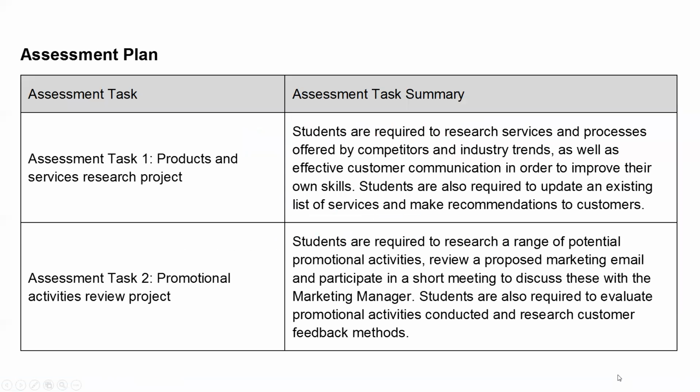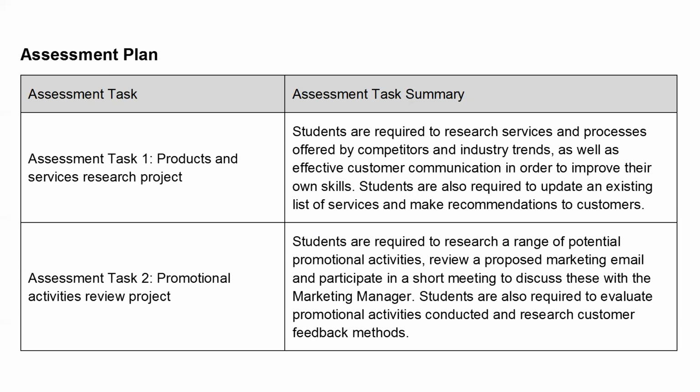Okay, so this is going to be our assessment plan. For this unit, we have only two assessments, 1 and 2. The first one is the products and service research project. In this one, we are expecting you to do some research for a project.